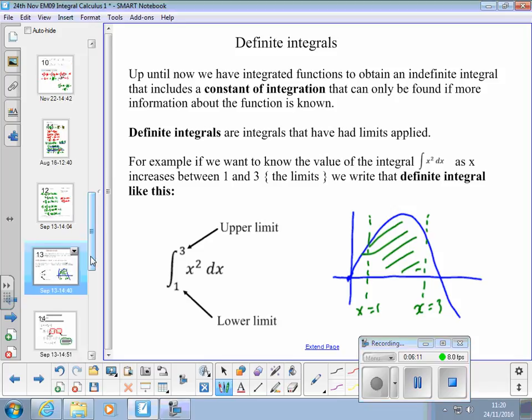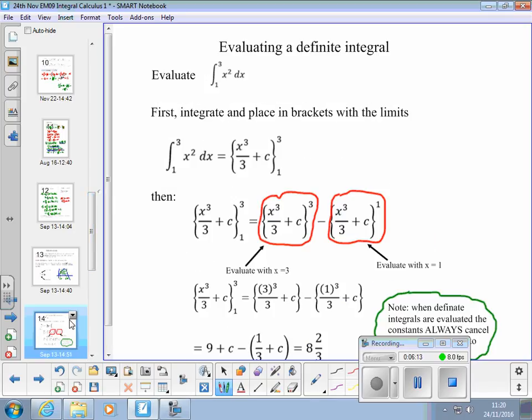So how do we do this then? Evaluating a definite integral. We're going to look at this x squared one. What we do is first we integrate the function, and it's common to put that integration into curly brackets, but it doesn't really matter what shape of brackets you use.